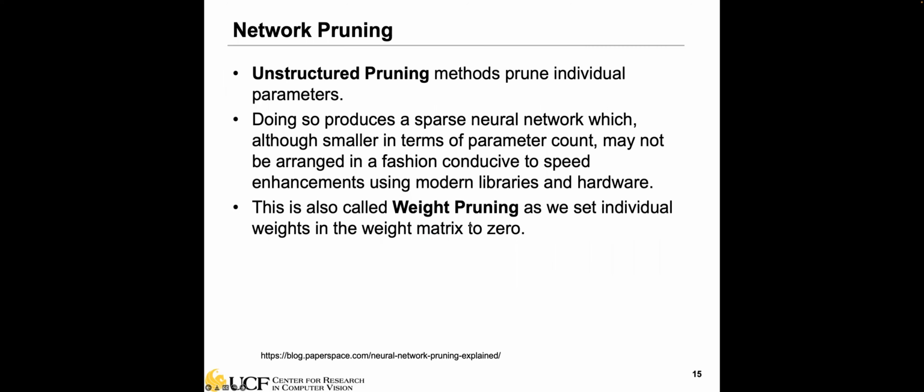Okay, so this will cause some challenges for hardware implementation. Some hardware implementations or some deep neural network libraries are not friendly to this kind of sparsity. They cannot leverage some of the optimizations for speed.